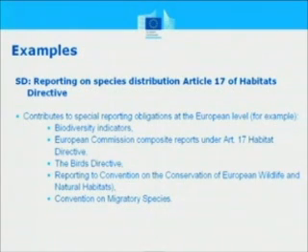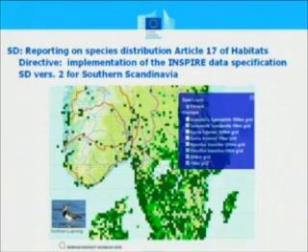So you have quite a number of initiatives that could be served by such a piece of data model. The colleagues from Norway, for example, tried this generic piece of data model for the species distribution and created a distribution for the northern lapwing, just as an example, in the southern Scandinavian region.